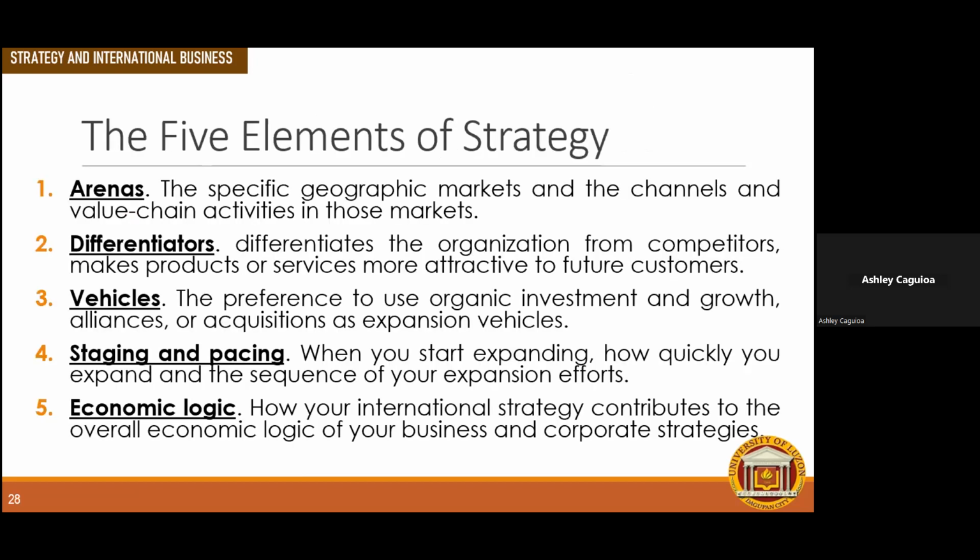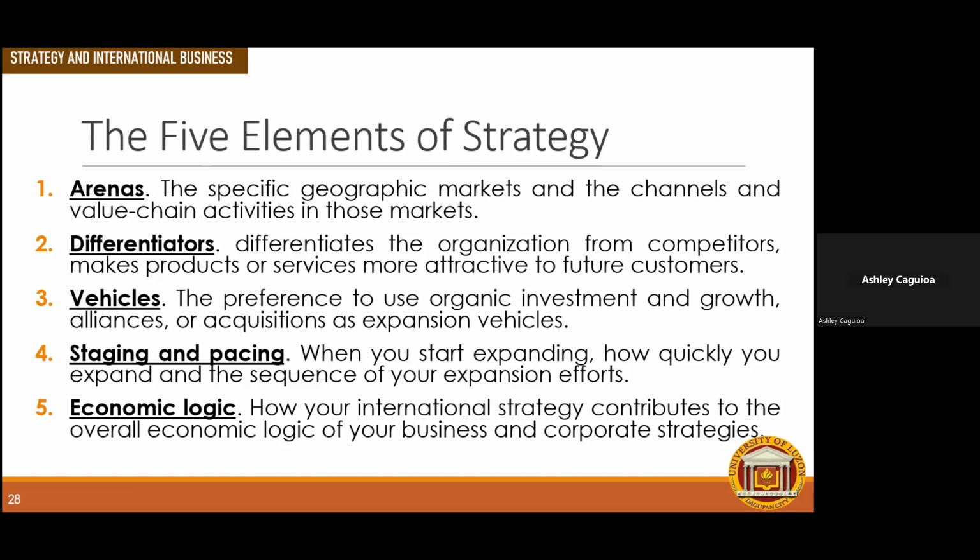So the 5 elements of strategy. Number 1, arenas, the specific geographic markets and the channels and value chain activities in those markets. Number 2, differentiators, which differentiate the organization from competitors and make products or services more attractive to future customers. Number 3, vehicles, the preference to use organic investment and growth, alliances or acquisitions as expansion vehicles.